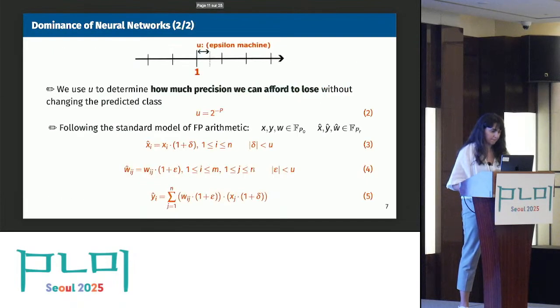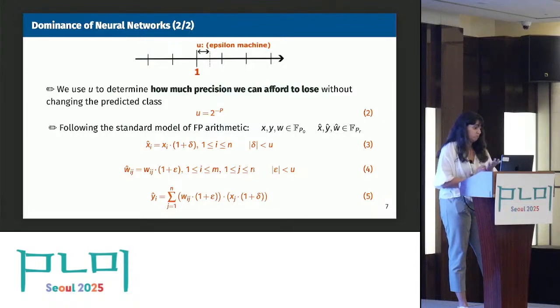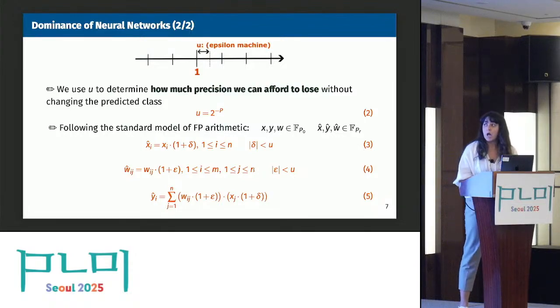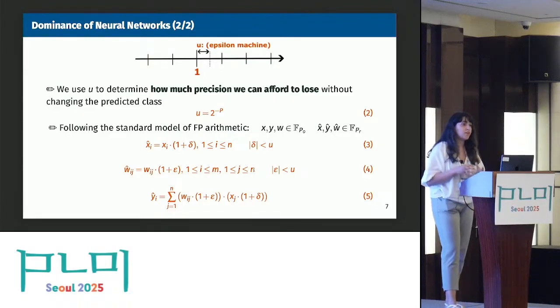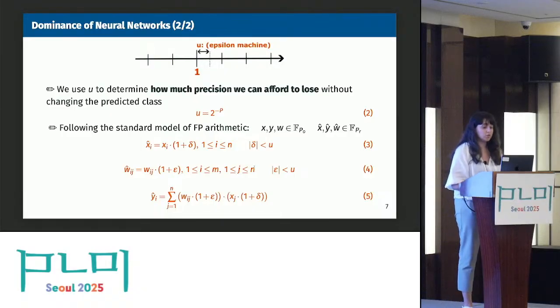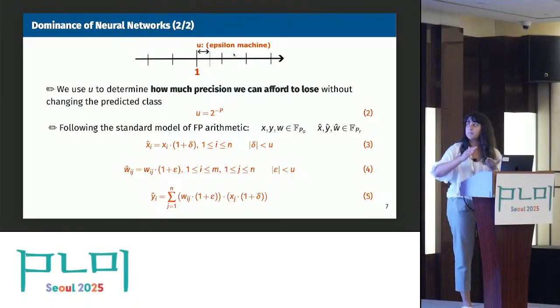As maybe you know, when we perform floating point computations, errors are introduced in each operation. These errors are captured by what we call epsilon machine. In other words, epsilon machine is the gap between 1 and the next larger floating point number in a finite precision.